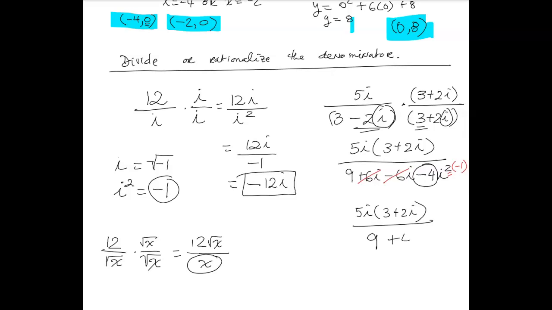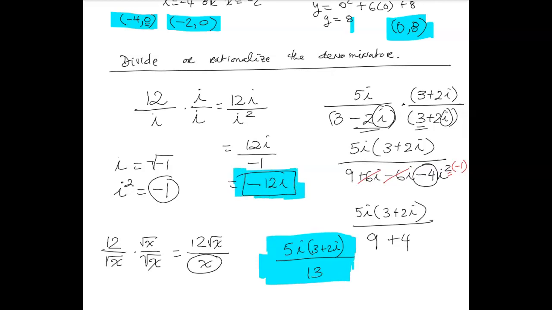That's positive 4. Simplify this, and I get 5i times 3 plus 2i over 13. And this is my answer, okay? So I have the answer for the first one right here, and for the second one right here. Okay?